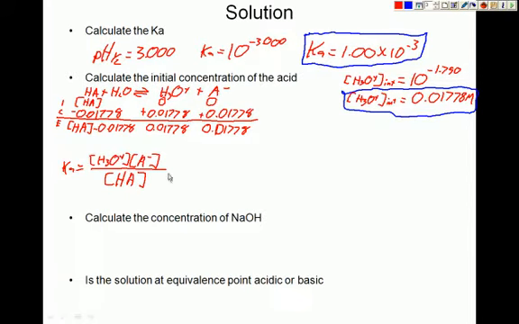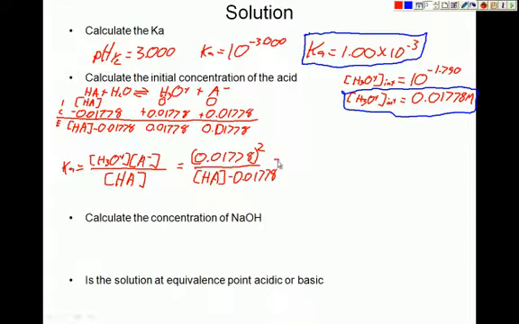So it looks like this: 0.01778, and since there's two of them, you can just square that, divided by HA initial minus 0.01778.